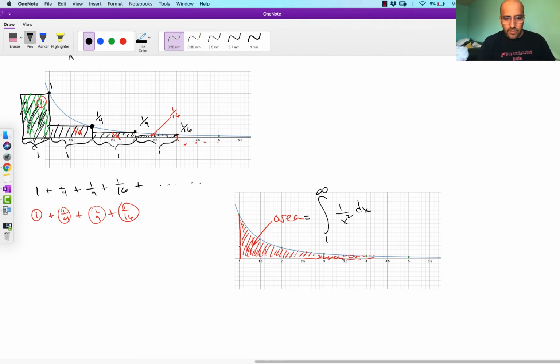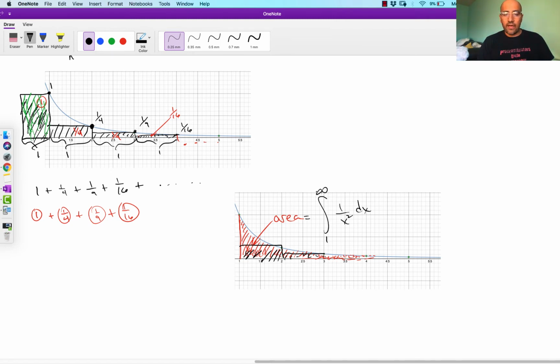They can be superimposed onto here, and they go like that. And then the next one is superimposed onto there, and they go on like that, and so on and so forth. So the sum of all of these rectangles that I have in black has to be smaller than the sum of the area in red.